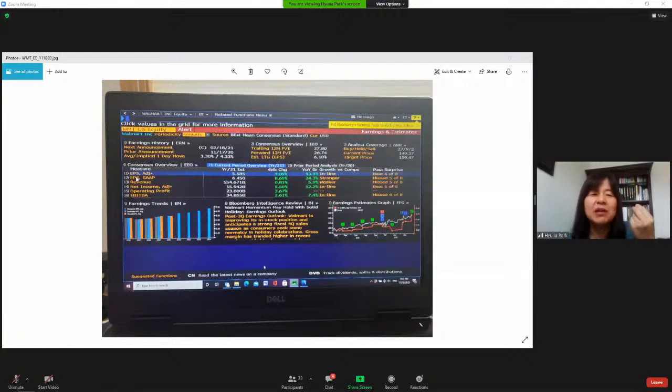But you may wonder, why do we have two numbers? The GAAP-based earnings per share estimate for Walmart is $6.45, that's the consensus average estimate. But the adjusted earnings per share is $5.58.